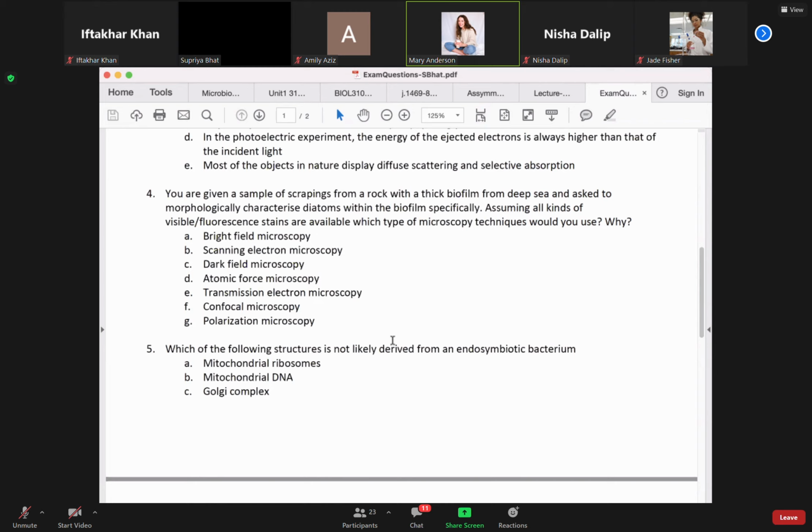Do I need the shape of it? Do I need the characteristics of the surface? Do I need the whole biofilm together? I talked to a lot of people after the class, and I'm not really understanding what she's asking for with morphological characteristics, because I don't know if we really went through morphological, topological, shape, those terms.